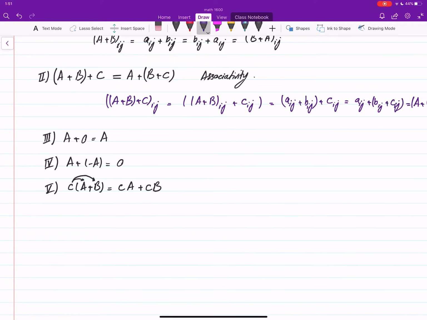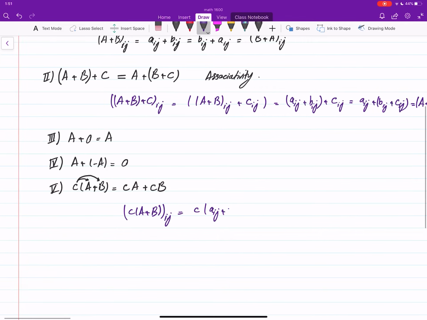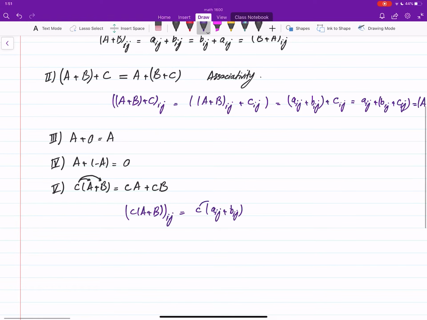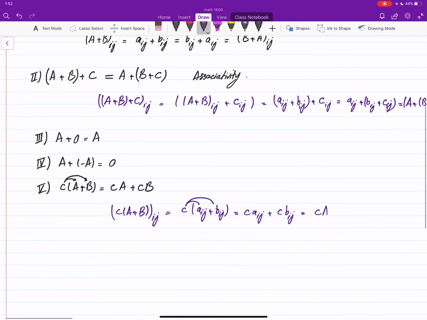And this is again easy to show: the ij entry is c times aij plus bij, and these are just numbers, and we know that number multiplication distributes over number addition, so caij plus cbij, and this is the same thing as the ij entry of cA and the ij entry of cB, and that's what we have now, cA plus cB ij entry.